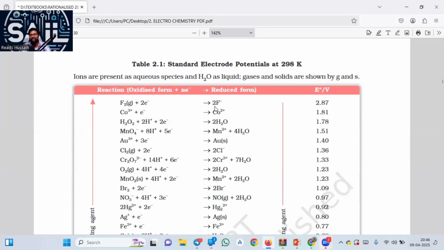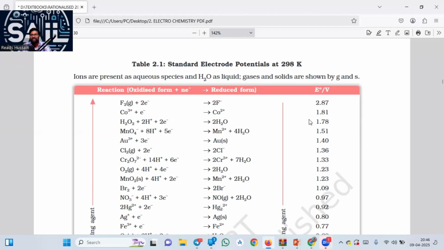Which element has the highest reduction potential? Fluorine. So it is the most powerful oxidizing agent. You can note down: if the reduction potential value is higher, it is a more powerful oxidizing agent, meaning it oxidizes other substances.